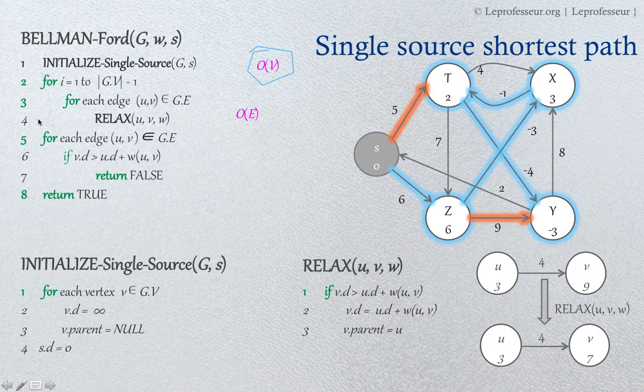And since we have another outer loop at line number 2, we can say the overall asymptotic complexity of this algorithm is in the order of v multiplied by e, where v is the number of vertices and e is the number of edges in the graph.